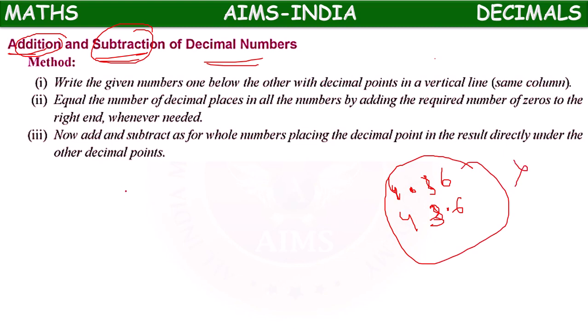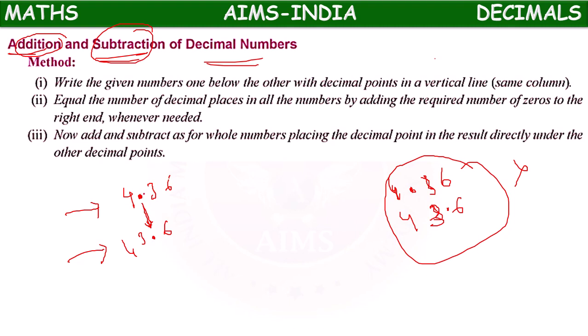Means how we have to write: 4.36. This is the decimal point, and this is the first decimal number. For the second decimal number also, in that vertical line before the decimal point, the second decimal point should also come. Means 43.6, like this.